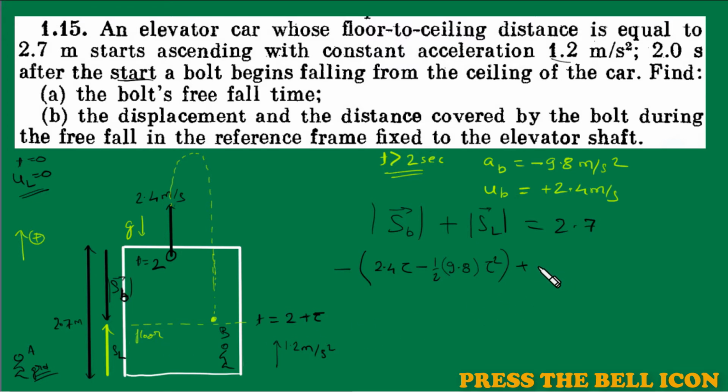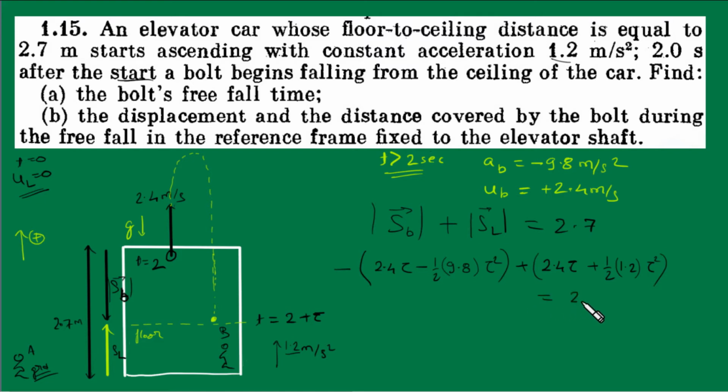The initial velocity of the lift is also 2.4 into tau, because we are talking about this interval only, plus half into the acceleration of the lift, which is 1.2 and positive, into tau square.